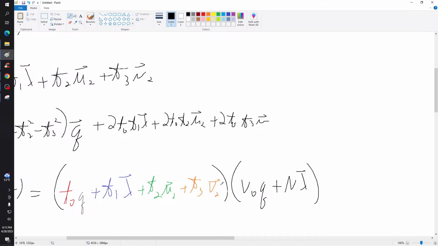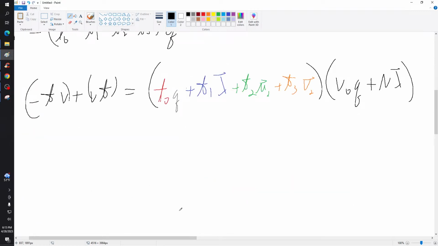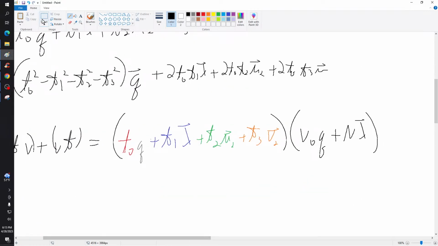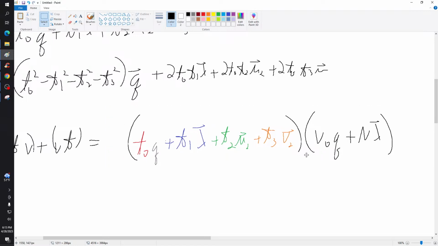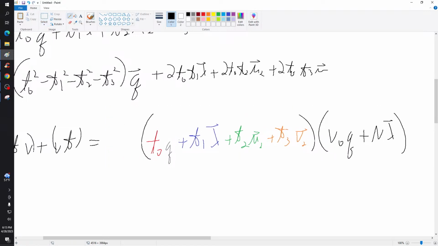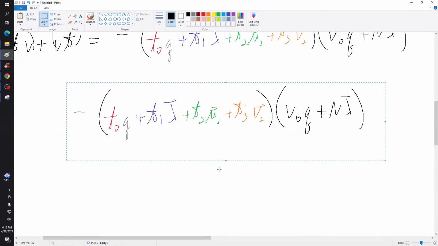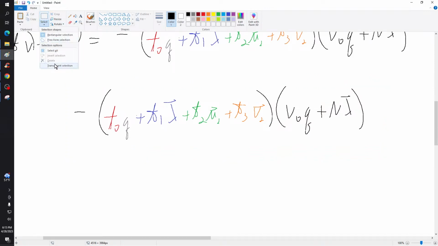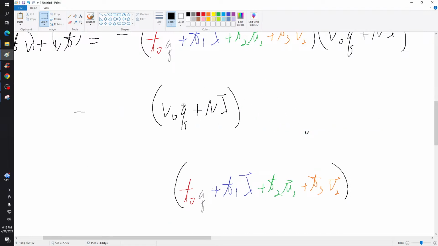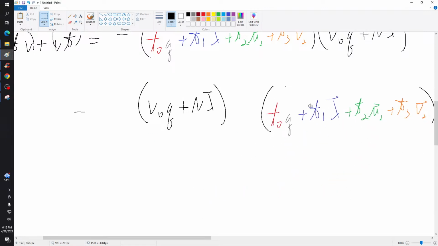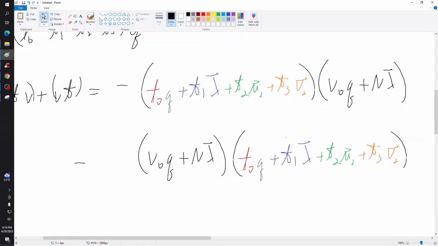I'm going to leave that out. I'm not going to write 0, 0. Remember, this is the negative. Okay? Plus the same thing. I'm going to copy and paste it. But the other one, V, is now coming from the left side. We're going to get plus this expression.